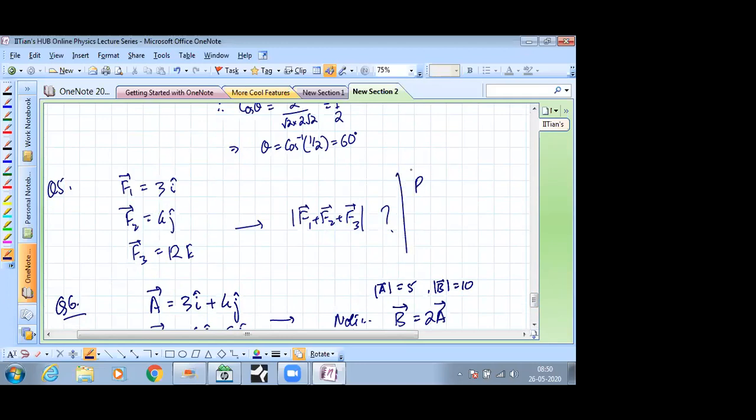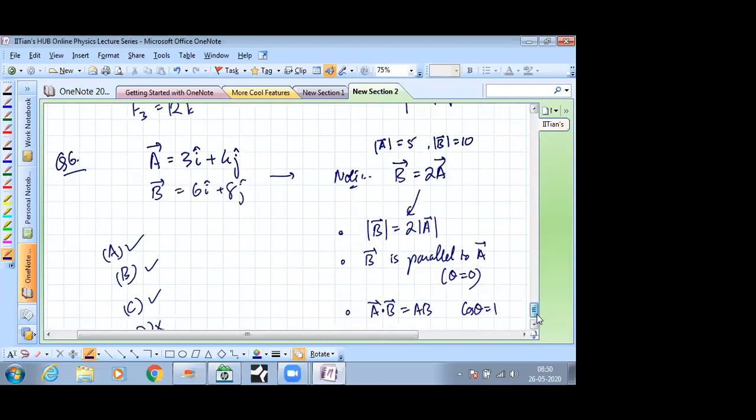The resultant force, which is F1 plus F2 plus F3, just add the 3 vectors. So 3i cap plus 4j cap plus 12k cap. So this becomes your resultant. So now magnitude of the resultant just becomes, by this formula, root of x component square plus y component square plus z component square. This is how to do it, okay? And 6th I hope is clear to all of you now.